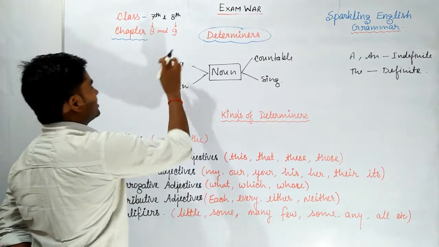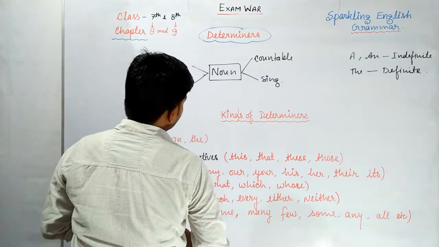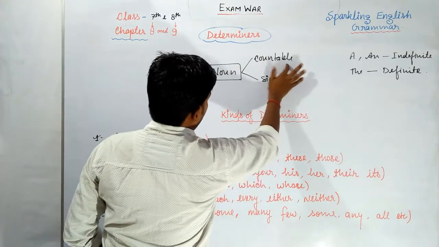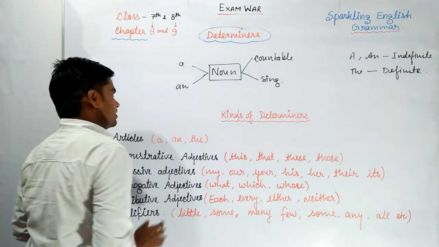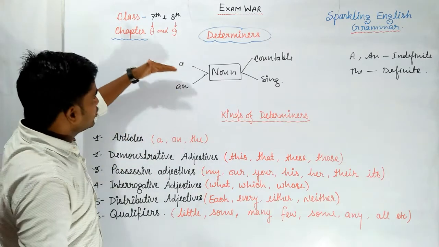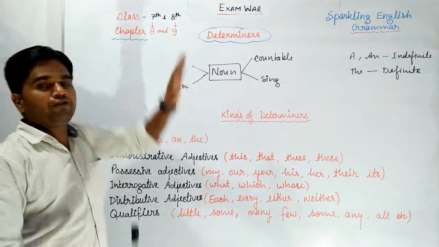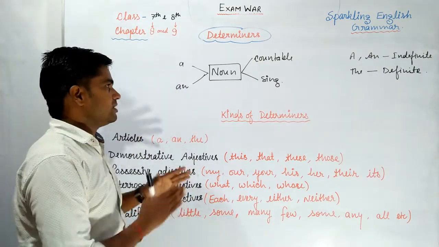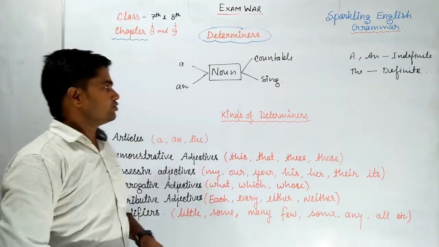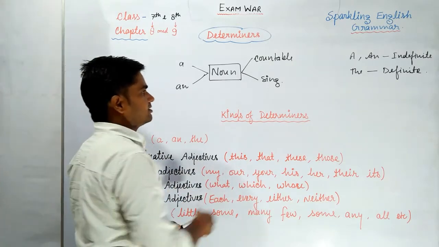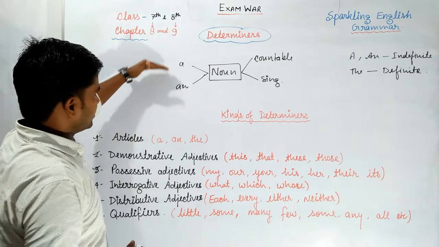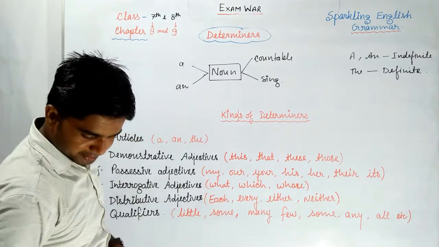If this noun has these 2 qualities, it is countable and it is singular, then we use a before a consonant sound and we use an before a vowel sound. I think you know it very well, so there is nothing special in this point. Let's have some example for this point.